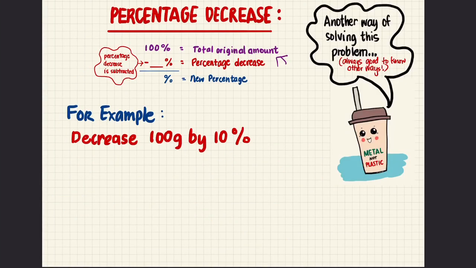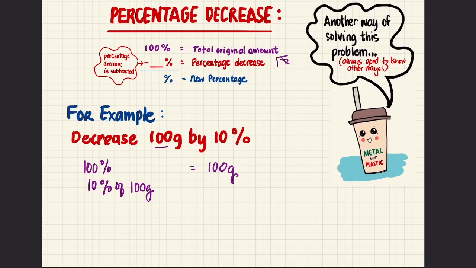Okay, so the other way is 100% represents the original amount, which is 100 grams, so it equals 100 grams. And we know it decreased by 10%, so 10% of 100 grams. Now, you know that you cannot do operations with a percentage.